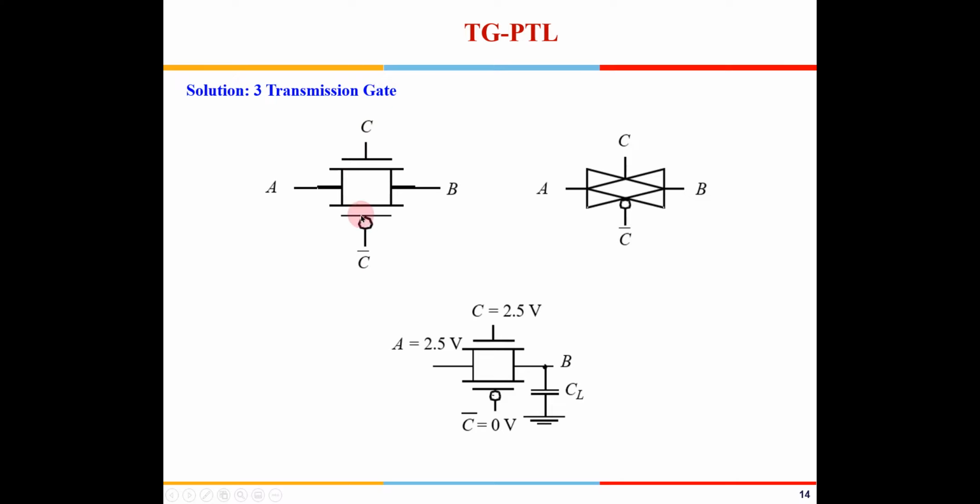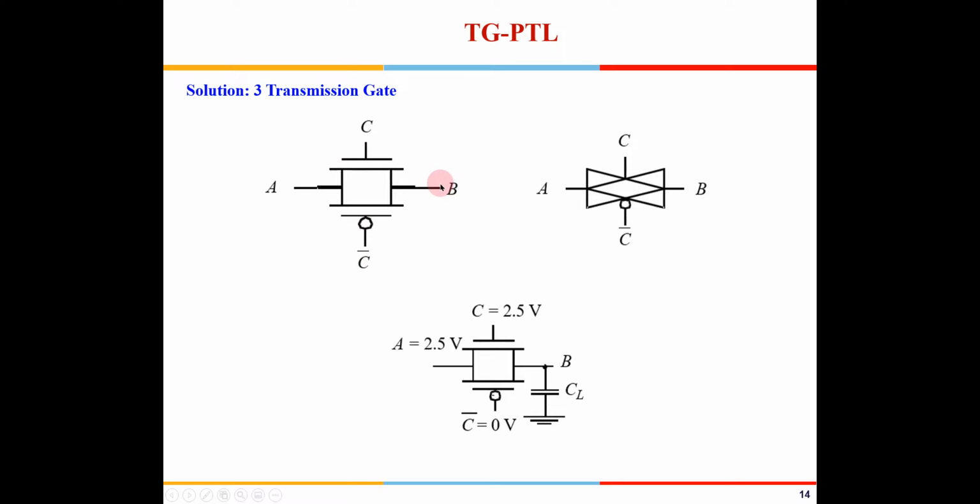What is a transmission gate? Instead of using just an NMOS, you use a PMOS also in parallel. If you use a PMOS in parallel, the NMOS will transmit a good 0 and the PMOS will transmit a good 1, so they work in conjunction.